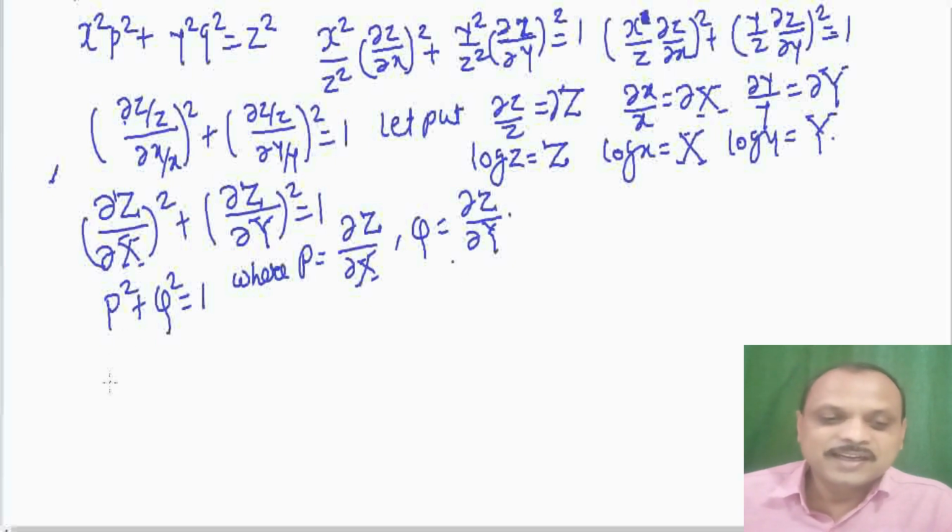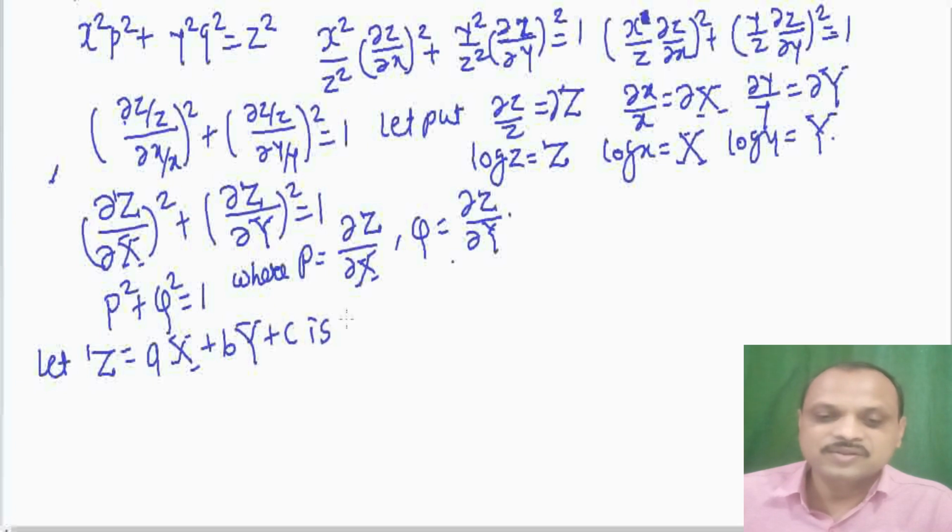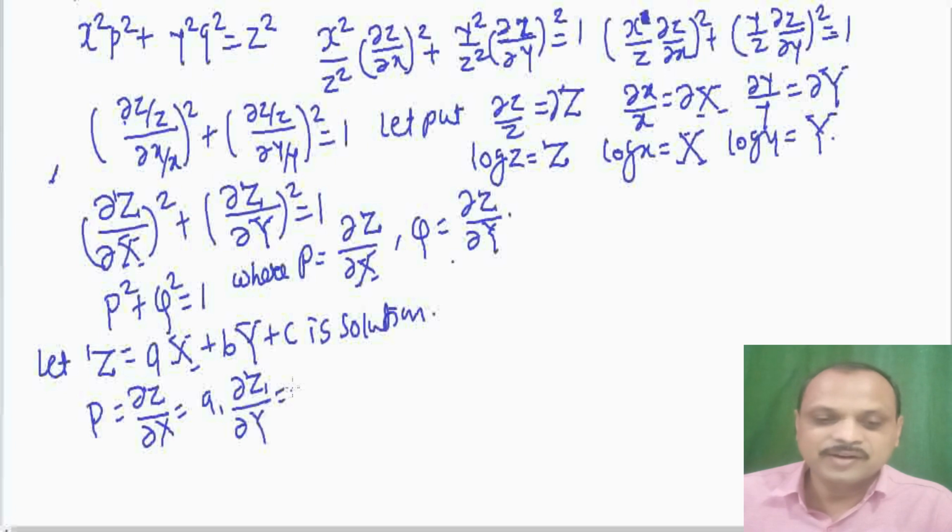Now you can see that, suppose capital Z equal to a into capital X plus b into capital Y plus c is the solution. If it is a solution, then we get capital P equal to del capital Z by del capital X equal to a, and capital Q equal to del capital Z by del capital Y equal to b.